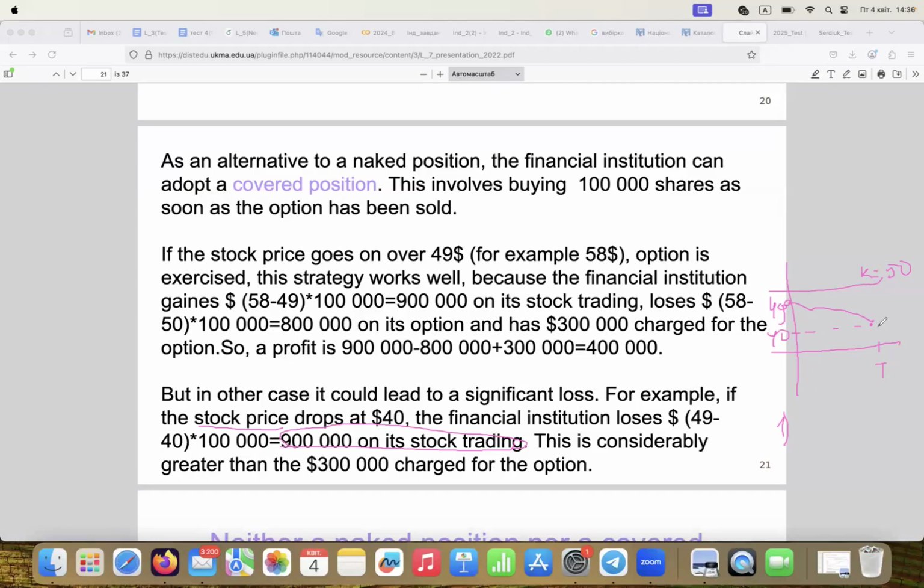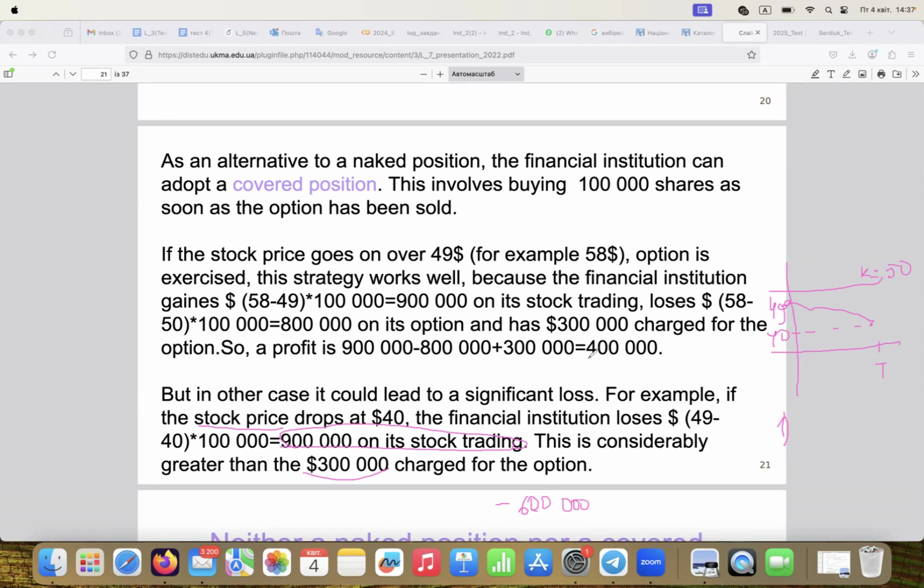Yes, Fedor, the option cost nothing, and we have only 300,000 because there is no charge for the option. But you see that in summary we have a profit of minus 600,000.